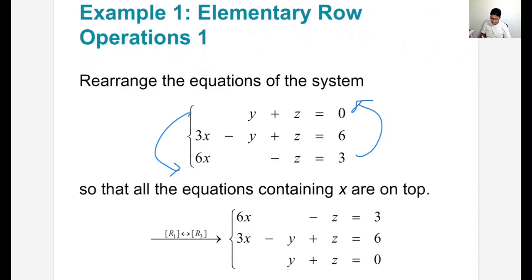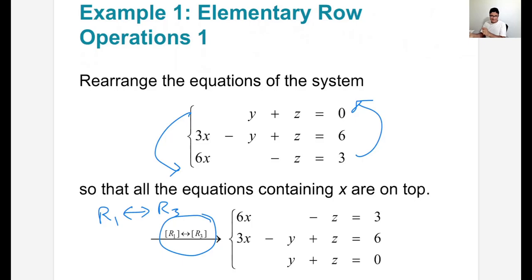And look at how it is written, the notation. You don't have to put those brackets around them. When you write, you can just write R1 and R3. It will be understood. That two-sided arrow indicates that we are interchanging.